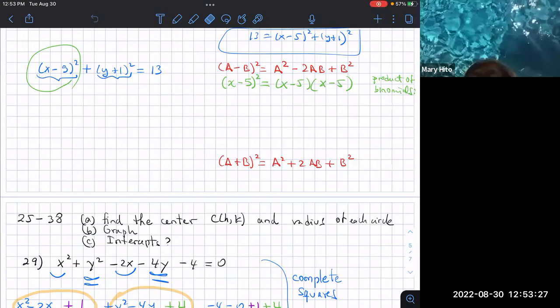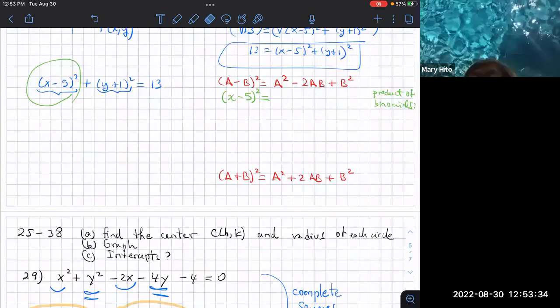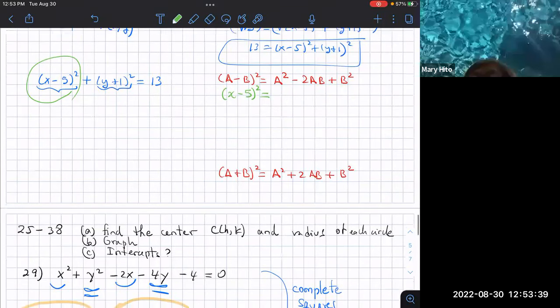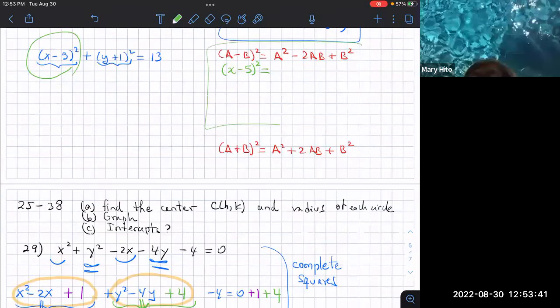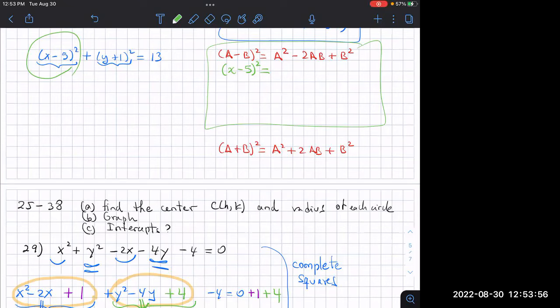So basically we have to open (x minus 5) squared, and one way is by using this format: (a minus b) squared equals a squared minus 2ab plus b squared. So then a is x and b is 5. Yes.